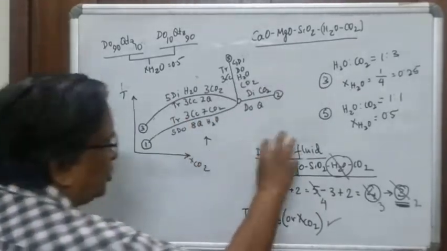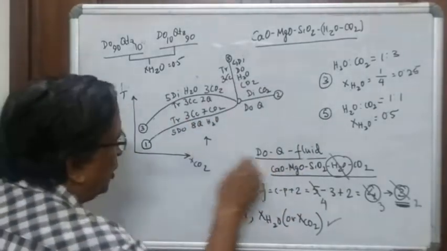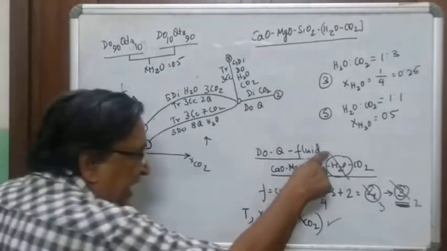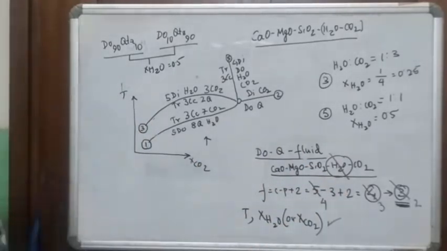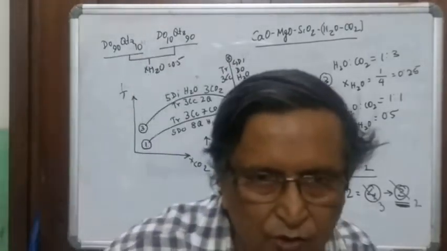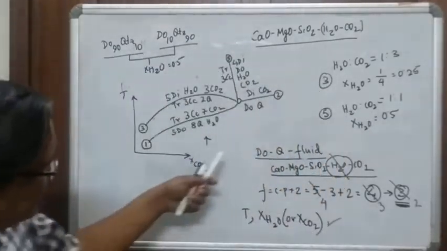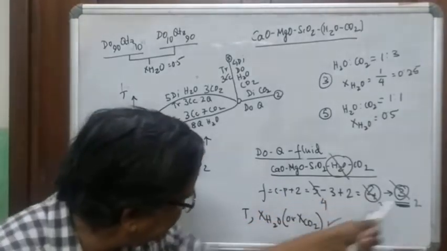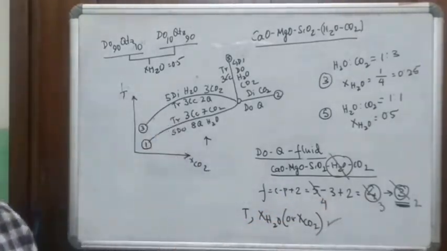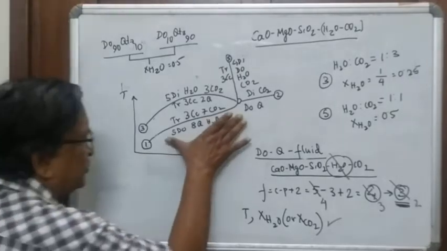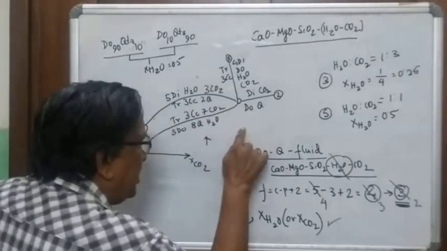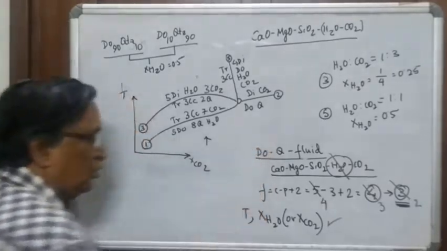So just dolomite, quartz, fluid: H2O simply goes off. So dolomite plus quartz plus fluid, H2O is not there. The variance is now fixed. Of course, both are unknown. That means if you say dolomite or quartz, you have to assign a T value and a CO2 value.